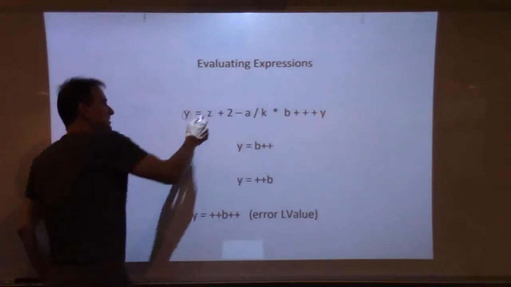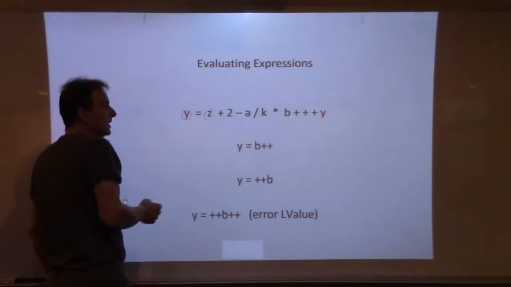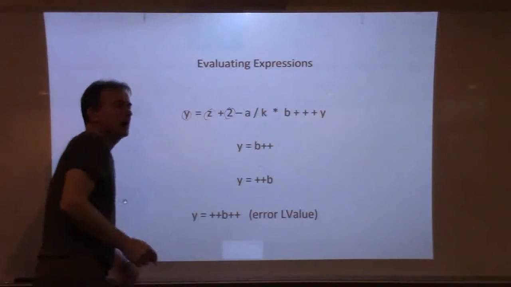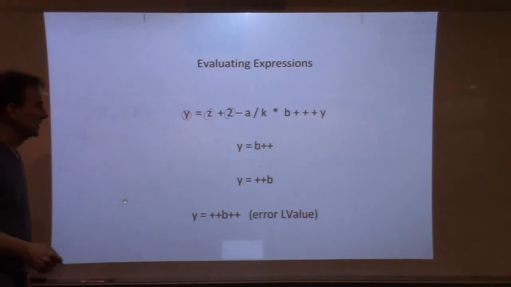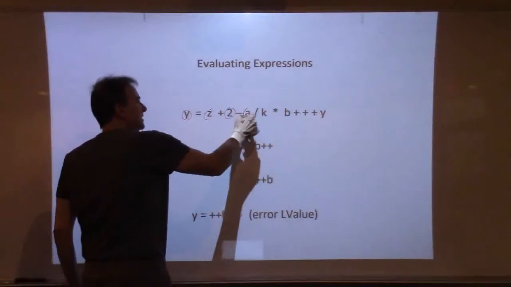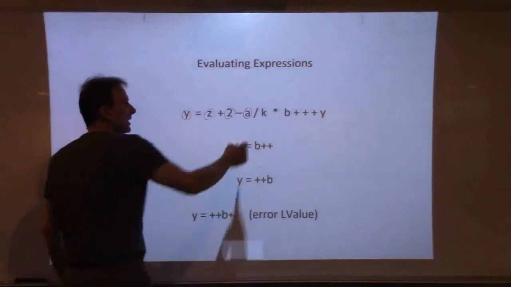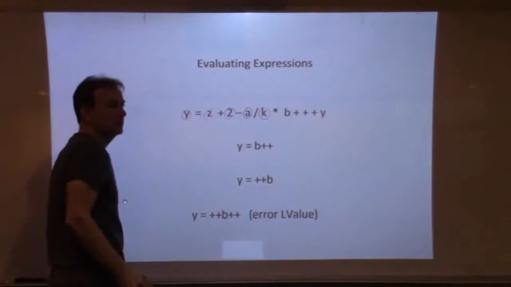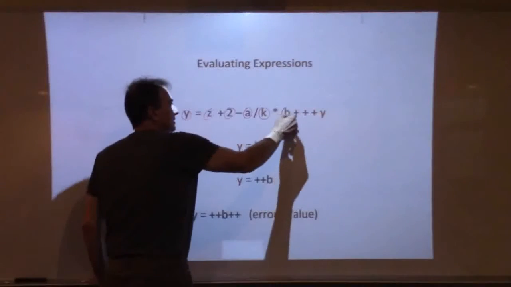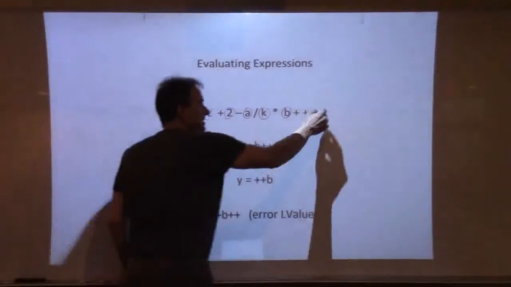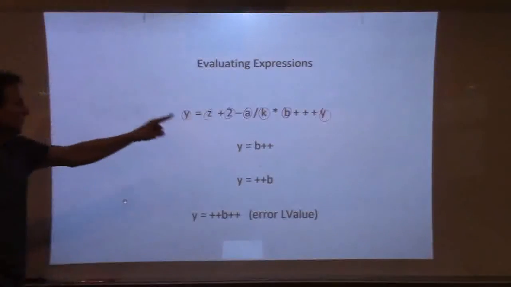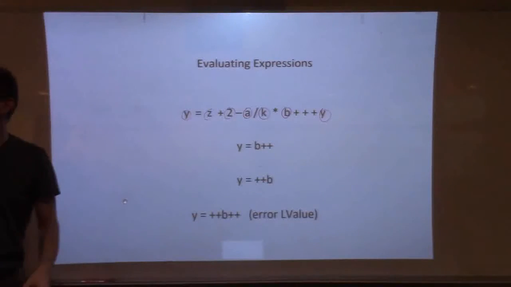It's going to identify this as a constant int. It's going to identify this as an int that was defined earlier. And this as an int that was defined earlier. Same thing. So it has identified 1, 2, 3, 4, 5, 6, 7 operands.